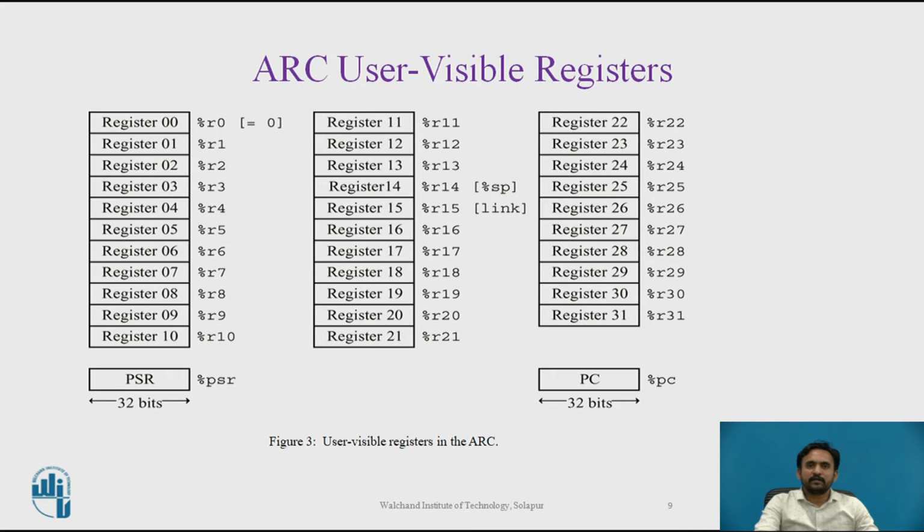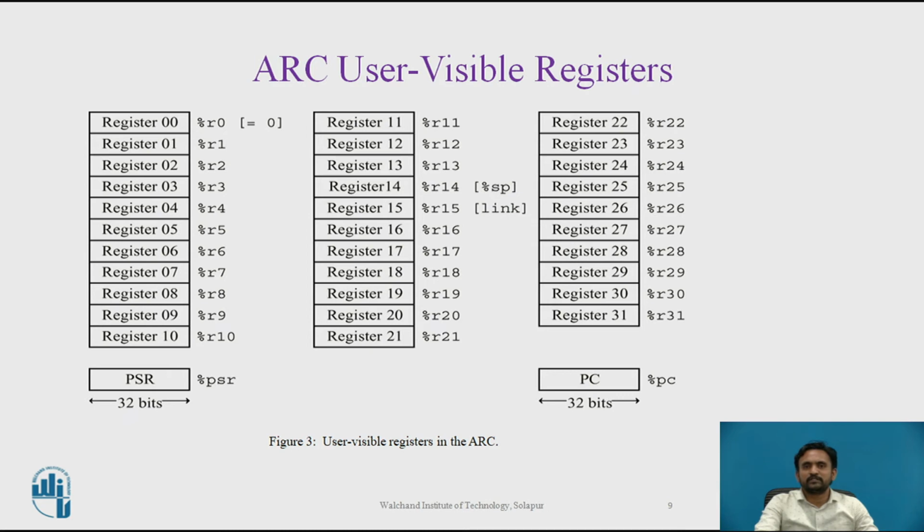Here the ARC architecture contains general purpose registers. It consists of a total of 32 registers labeled R0 to R31 that each hold a 32-bit word. There is also a 32-bit processor status register PSR that describes the current state of the processor, and a 32-bit program counter that keeps track of the instruction being executed. The PSR is labeled %PSR and the PC register is labeled %PC.